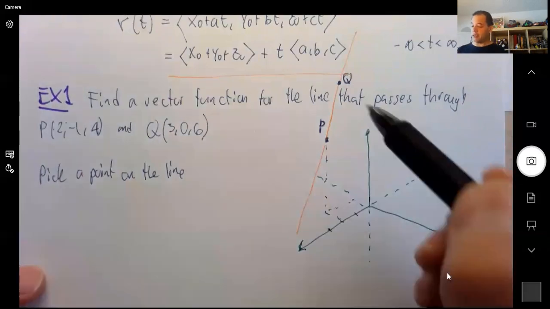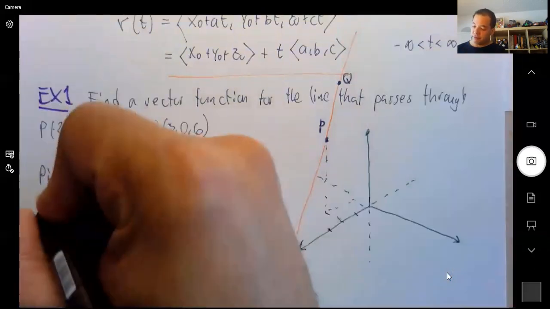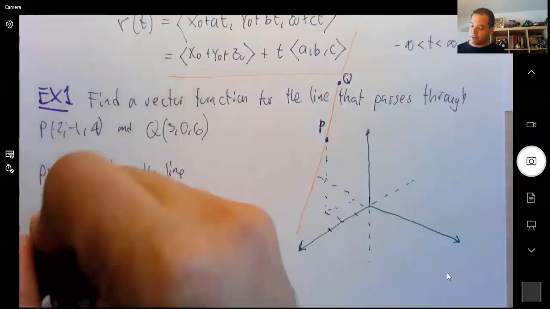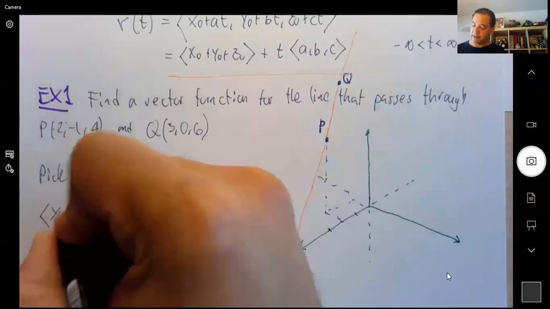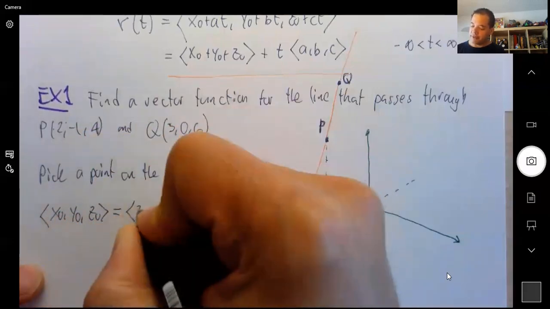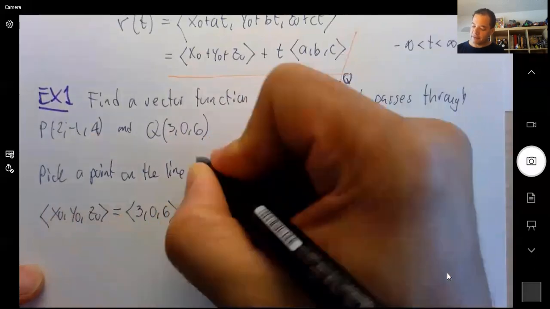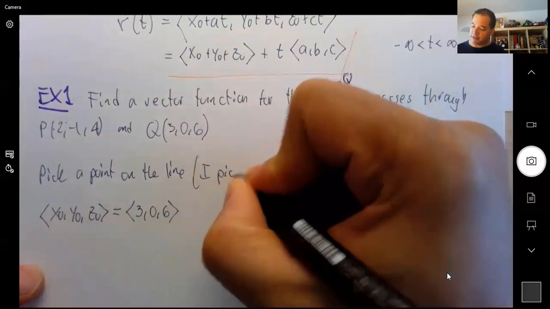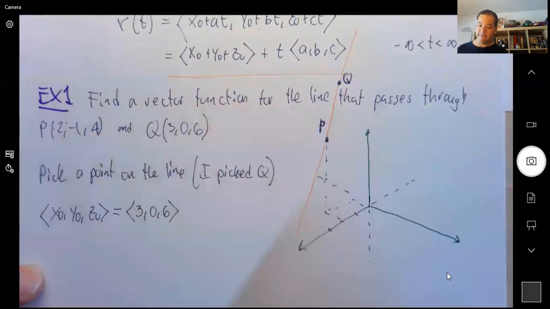So I'm gonna pick Q. So that's gonna be my x0, y0, z0. So x0, y0, z0 is going to be 3, 0, 6. I picked Q. Well, you could have done it with P, okay? That's not an issue. And then what is it that you do?